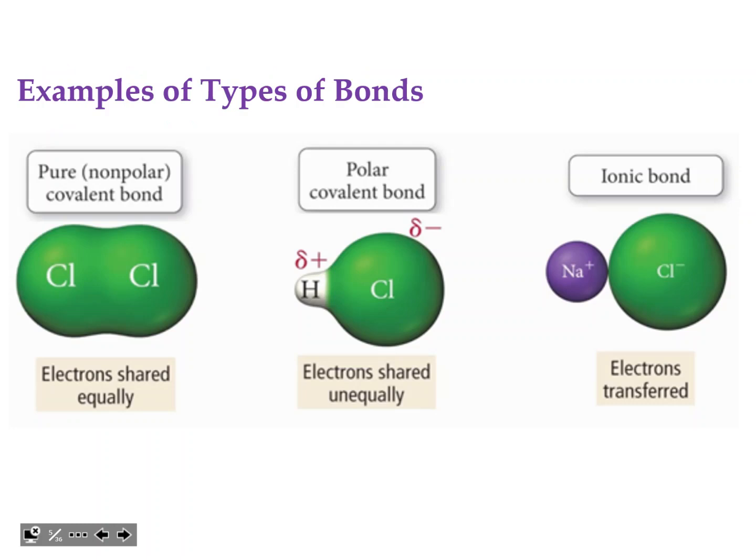Okay, so here we're looking at examples of the types of bonds in our nice little diagrams. These pictures show electron density for the most part.